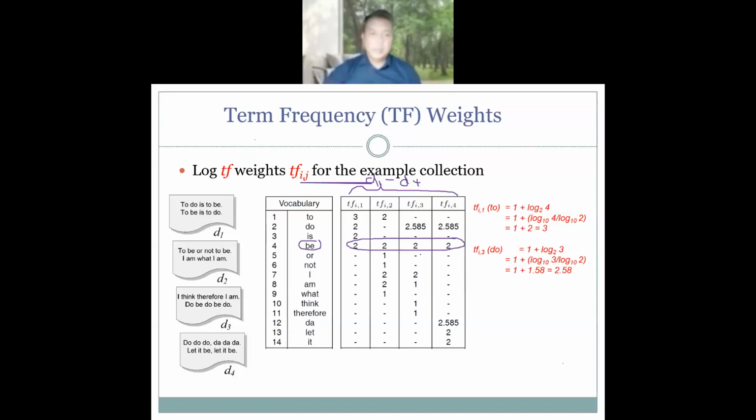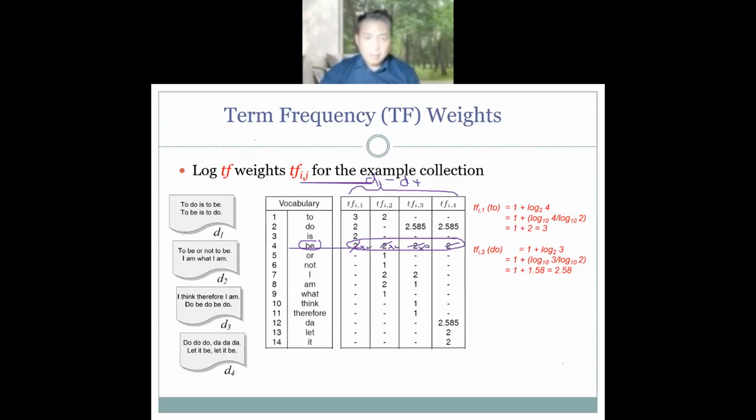So this word B cannot be used to differentiate the documents. So we need to cancel this out, make them 0. The only way we can make this become 0 is to multiply them with 0.